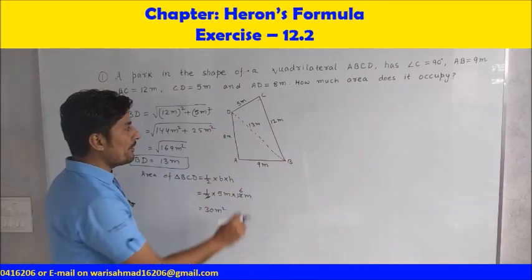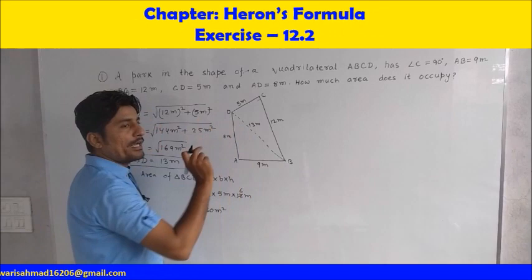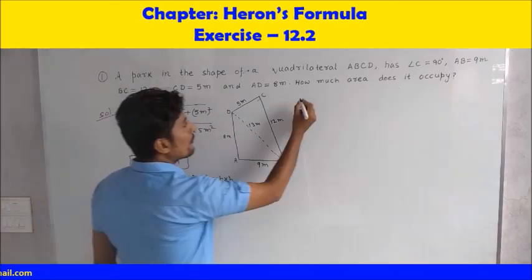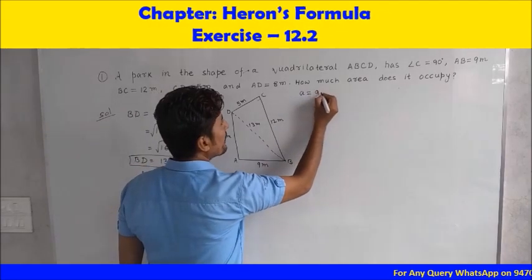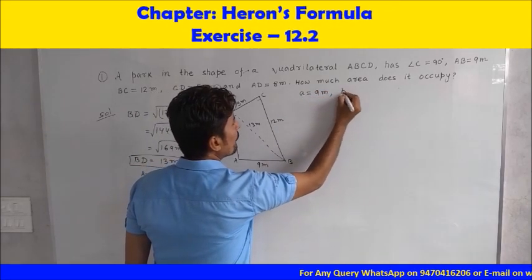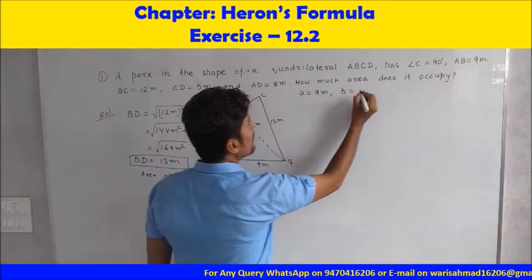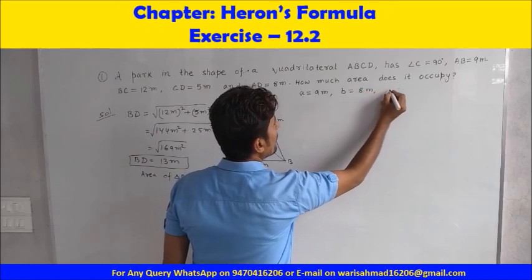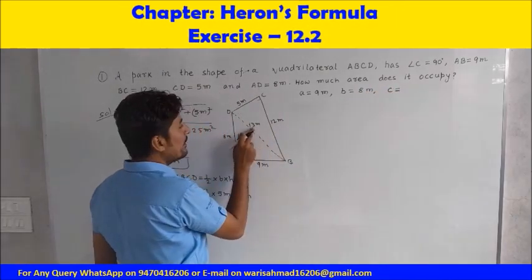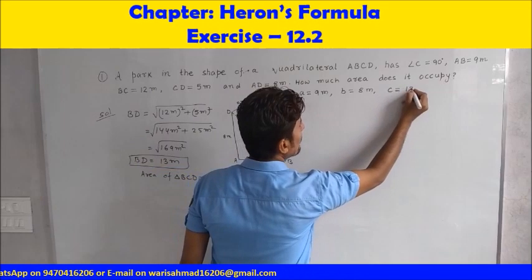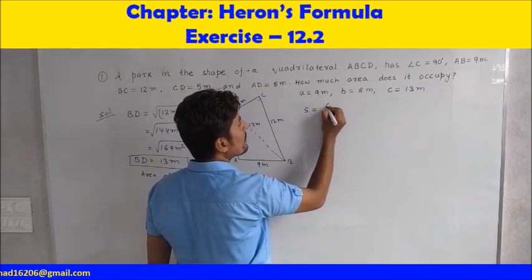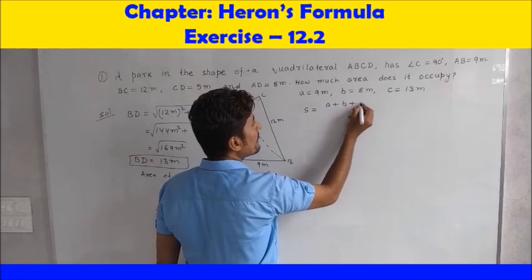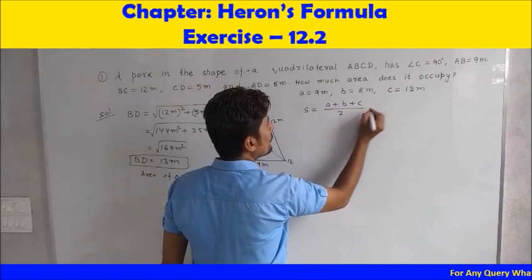Now we can find the area of triangle ABD by using Heron's formula. So first of all we can write the value of A, that is equal to 9 meter we can assign. Now value of B we can assign 8 meter, while value of C we can assign 13 meter. After that we have to find the semi-perimeter, that is equal to A plus B plus C divided by 2.